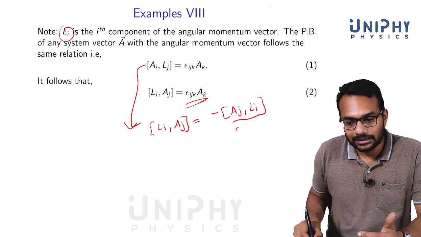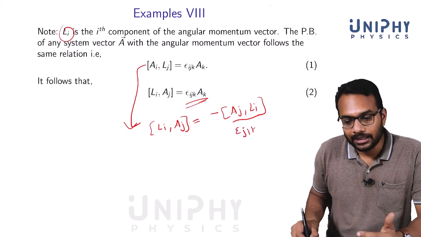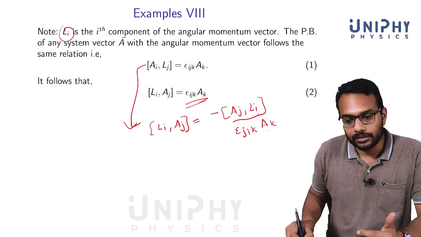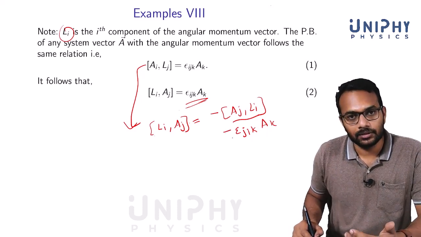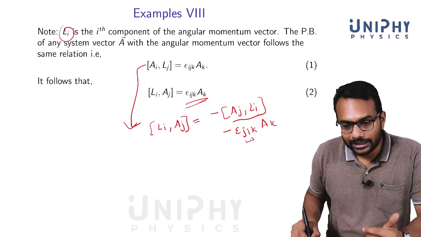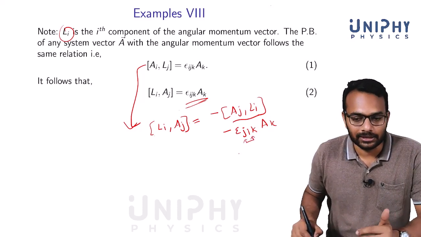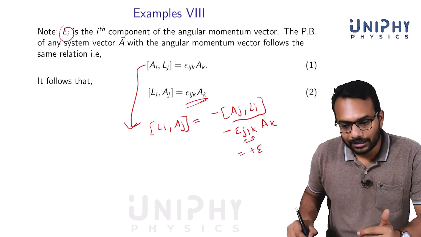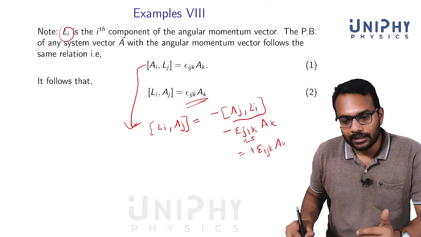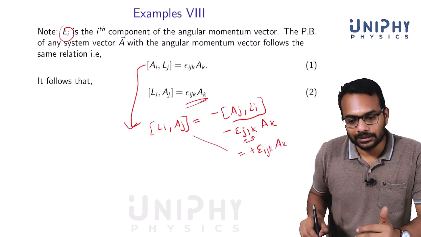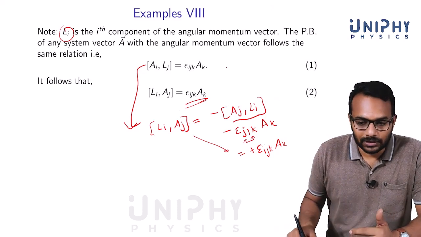It is epsilon jik Ak, but there's a minus sign here. Now I can interchange these indices and you'll get an extra minus sign. This is equal to plus epsilon ijk Ak. That's the result that I have written here.